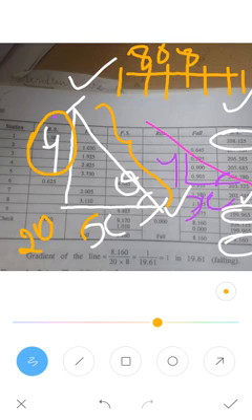So what you have to do is take a multiple of it. That's why the gradient is equal to opposite by adjacent. I will teach you the gradient in the next class because I need a question for that.